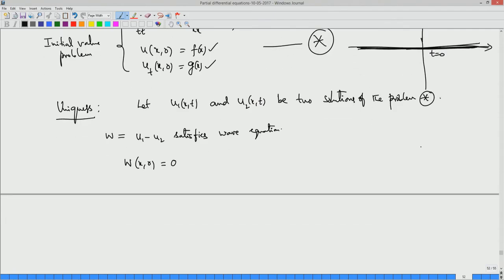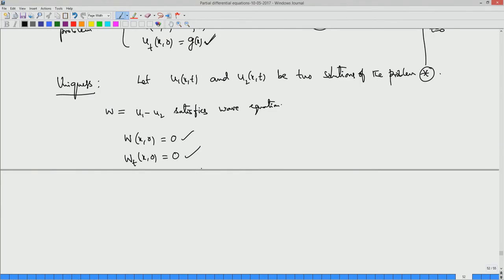So w at (x,0) is 0. w_t at (x,0) is also 0, because u1_t at (x,0) is g(x) and u2_t at (x,0) is also g(x). So the difference is g(x) minus g(x), that is 0. So w satisfies the wave equation with this 0 initial data.